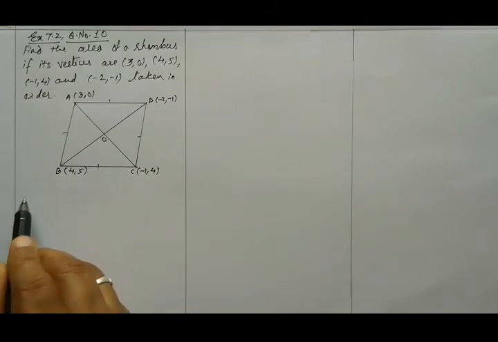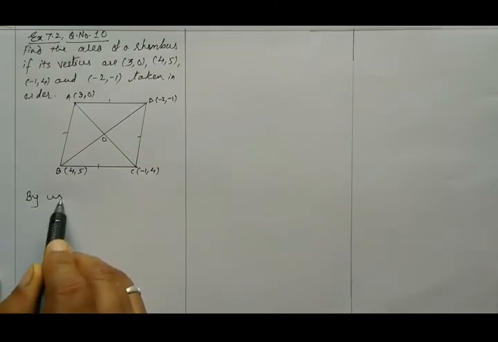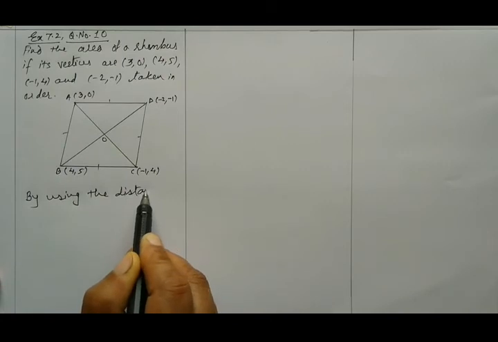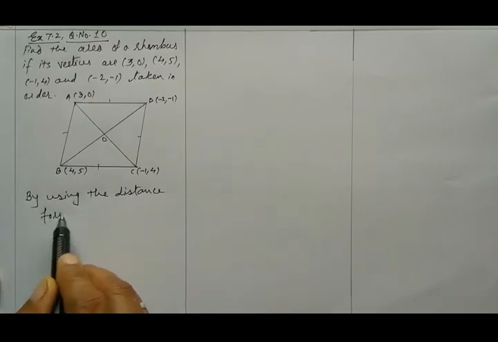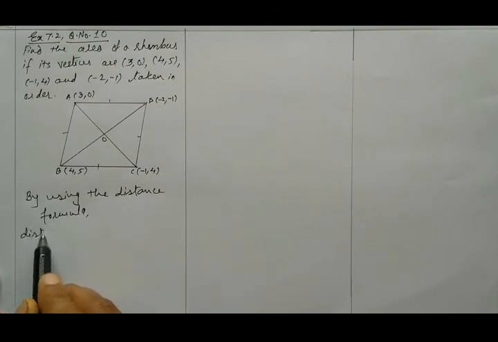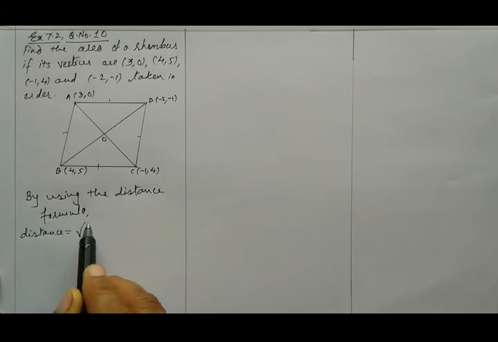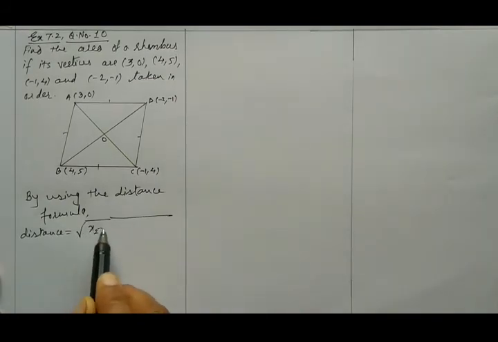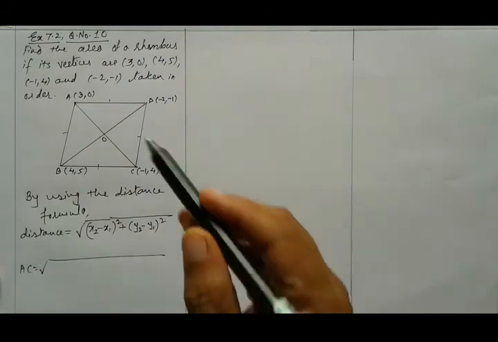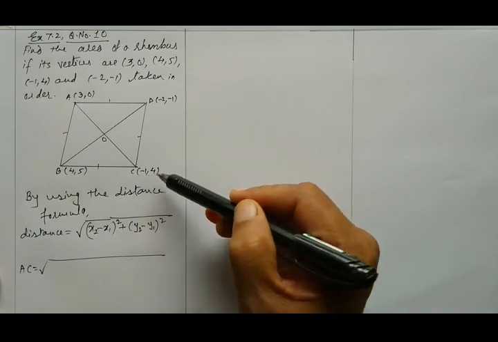Now by using the distance formula, distance is equal to under root (x2 minus x1) whole square plus (y2 minus y1) whole square. So you find AC. Distance AC is equal to, let us calculate. This is x1 y1 and this is x2 y2.